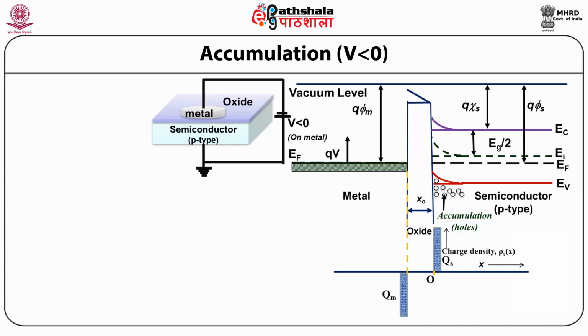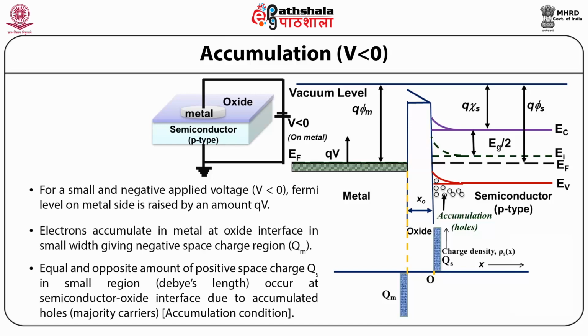For a small negative applied voltage, that is, V less than 0, the Fermi level on the metal side is raised by an amount qV relative to the semiconductor side. The schematic under this biasing condition is shown on the left-hand side and the energy band diagram is shown in the figure on the right-hand side.